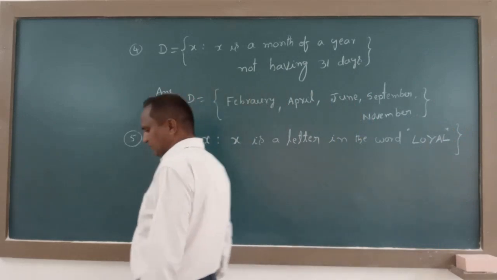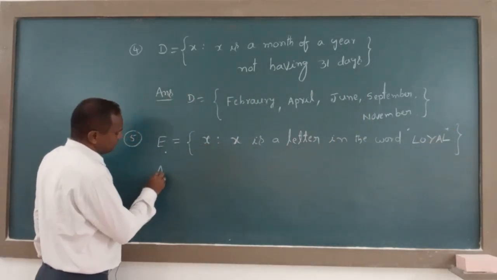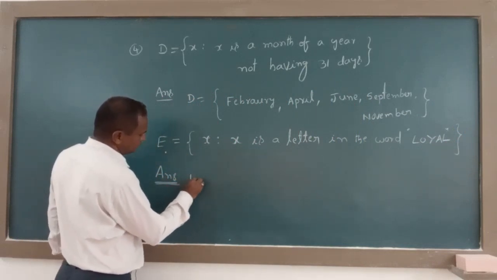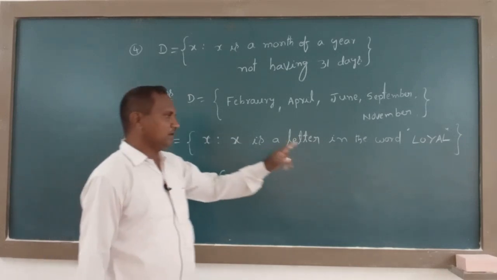In this word, we are going to write all the letters here. Loyal. The answer for this question is E is equal to the letters in the word loyal.